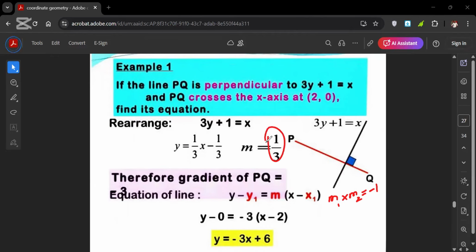So our m1 is 1 upon 3. 1 upon 3 into m2 is equal to -1. Now check it here: the 3 is dividing, so it will go to the other side. So m2 is equal to -3. That's how they have got it.